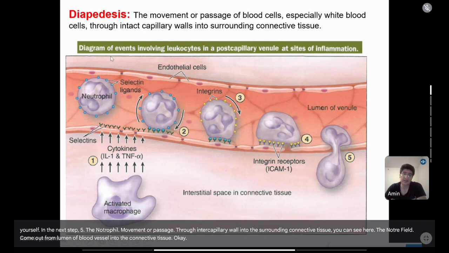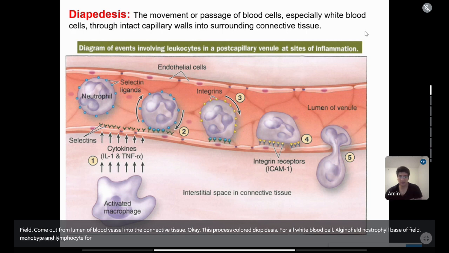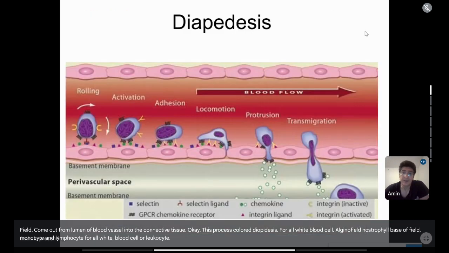This process is called diapedesis for all white blood cells: eosinophil, neutrophil, basophil, monocyte, and lymphocyte, for all white blood cell or leukocyte. You can see in this picture the process of diapedesis step by step.